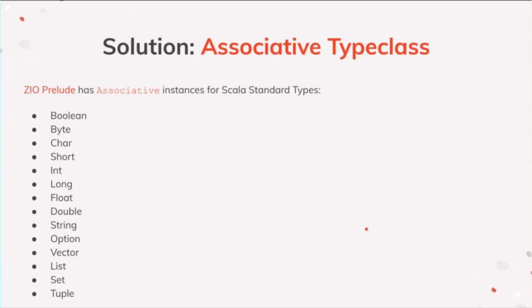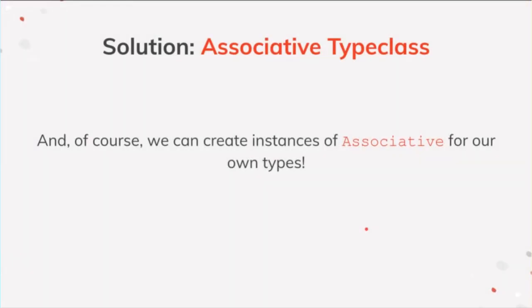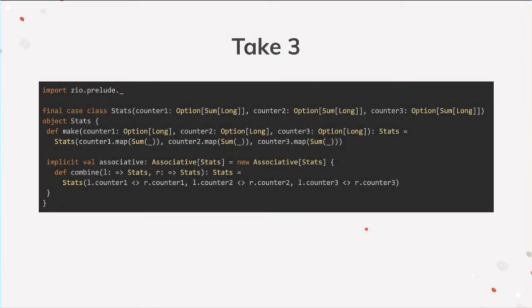So I'm just returning that stats here, and as before, we just need to combine counters pairwise. But in this case, I don't need to implement any custom logic for that, because I can just use the combine method that comes from ZIO Prelude, from the Associative type class, that already knows how to combine these counters. Why? Because if you look at the type of the counters, you see that they are options. So ZIO Prelude already has an instance of Associative for Option.